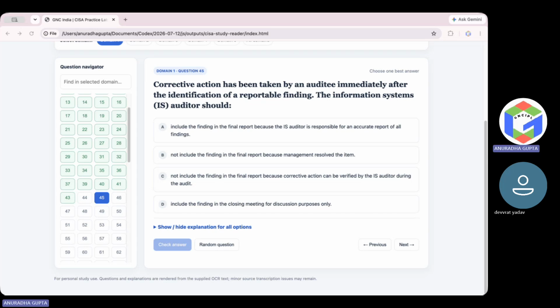Not include the finding in the final report because management resolved the item. Not include the finding in the final report because corrective action can be verified by the auditor during the audit. Include the finding in the closing meeting for discussion purposes only. So you have chosen one. What would be the reason behind choosing A? We have identified the issue, so we have to include it in our report as per standard.